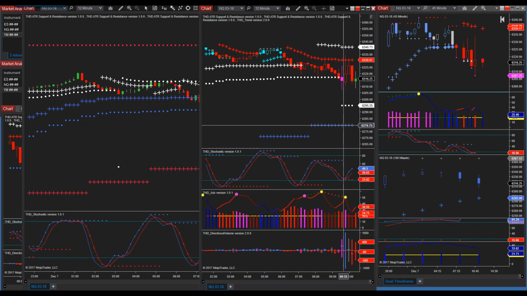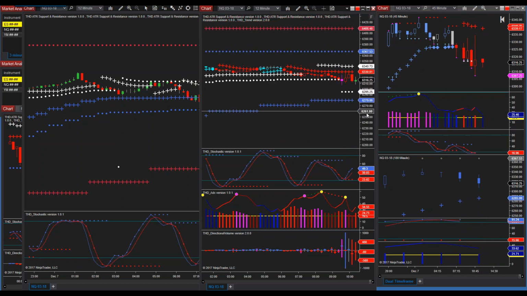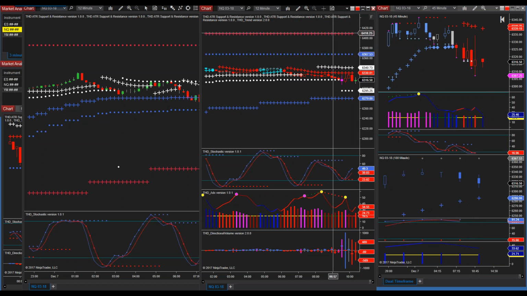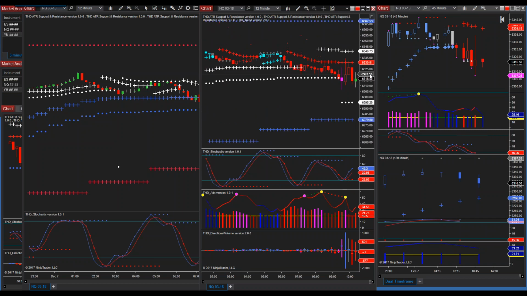The blue is coming from the 180. And then I have a different red on here that is coming from the 720. And that's something that we can do in NinjaTrader, but we can't do it in the other platforms.